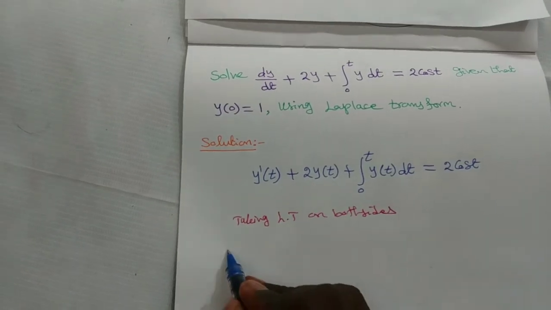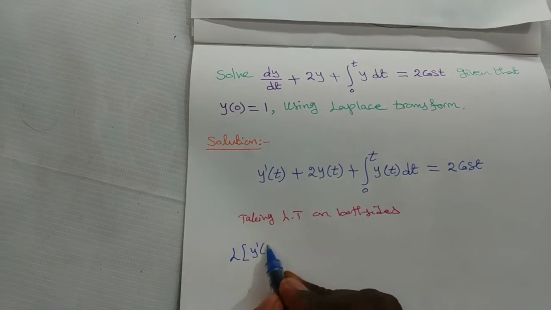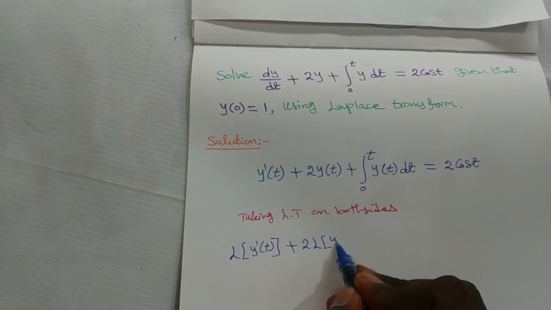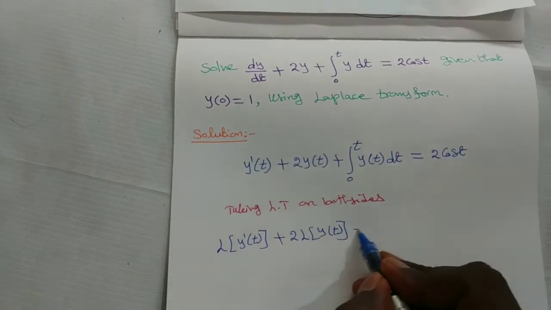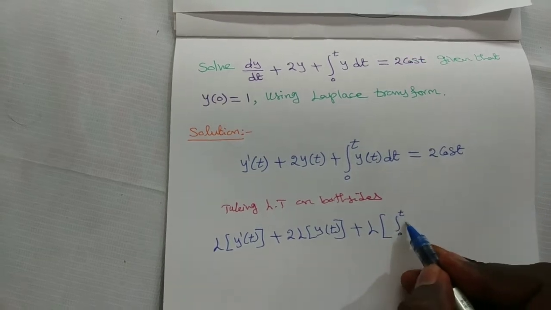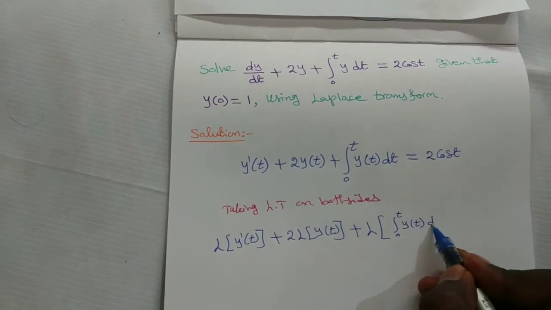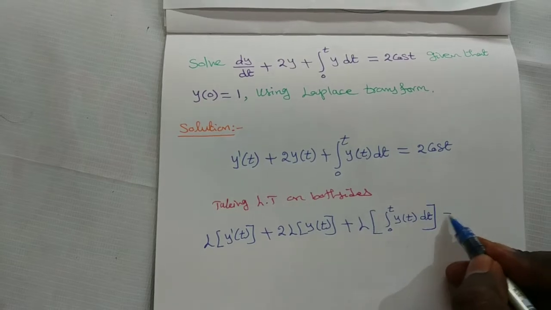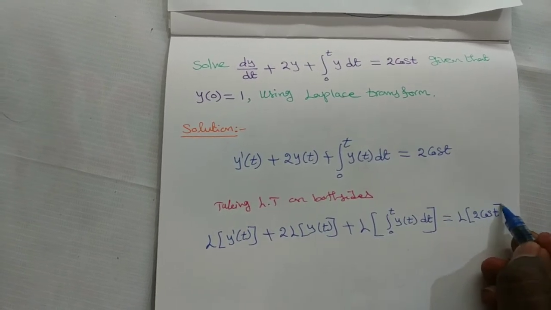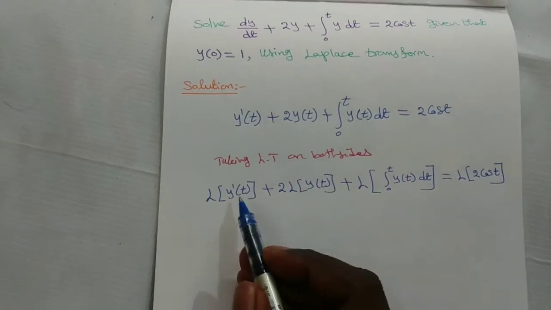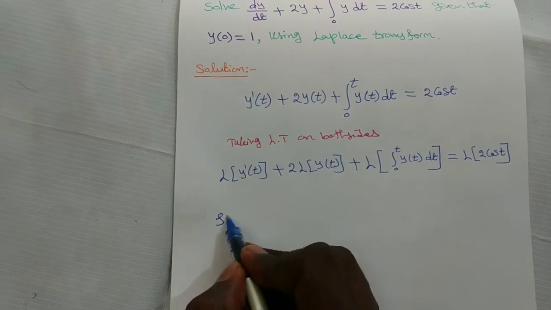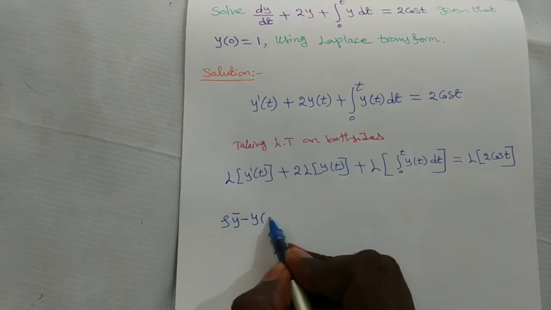So now L of y'(t) + 2 L of y(t) + L of integral from 0 to t of y(t) dt = L of 2 cos t. Now we know the formula for L of y'(t): s y bar minus y(0).